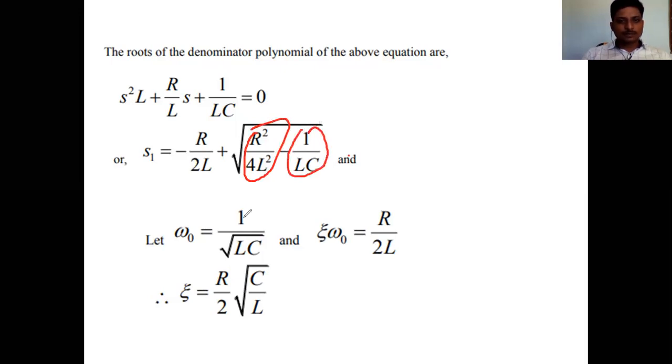Let us take 1/root(LC) as omega naught, or omega naught square equal to 1/(LC), so this will become omega naught square, and zeta omega naught is equal to R/2L. So you can find zeta is equal to R/2 root of (C/L).